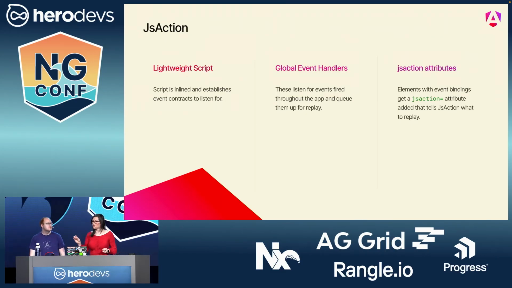But it's specifically looking for any element that has something called a JS Action attribute. So that'd be JS Action equals and some information on it. Any element that actually has that stands in for the element that is going to have the event binding on it. And those event clicks or whatever event that it's listening for are then queued up to be replayed a bit later once your app is finished hydrating.